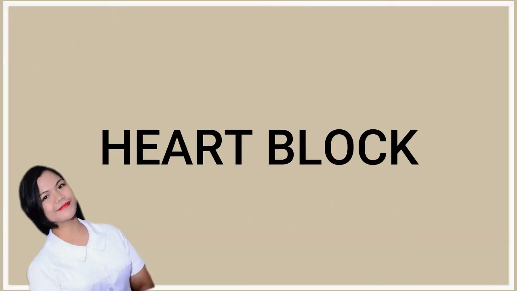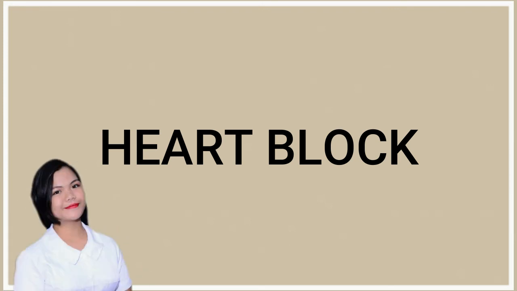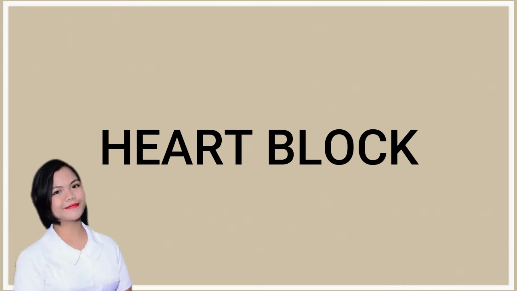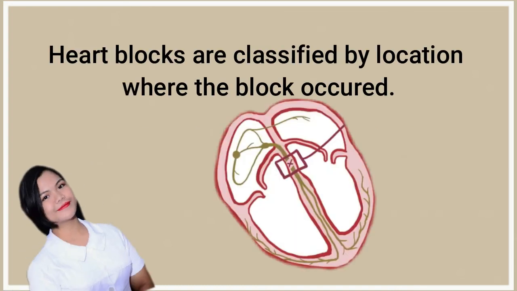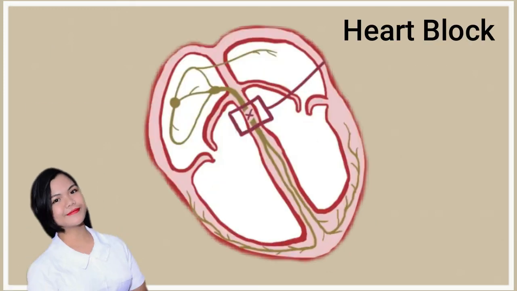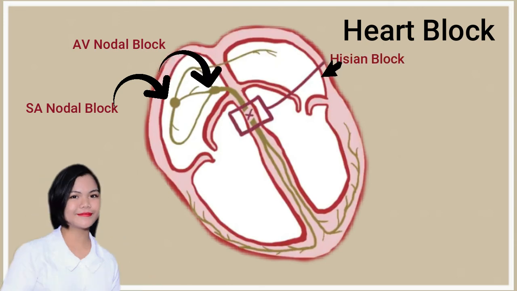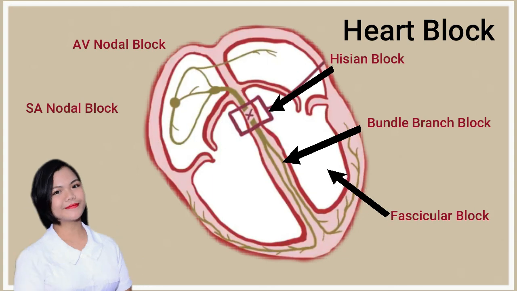Heart block is a group of diseases characterized by the presence of an obstruction or a block in the heart's electrical pathway. A block may slow down the conduction of the impulses or, in more severe cases, completely stop them. Heart blocks are classified by the location where the block occurred. Accordingly, there are SA nodal block, AV nodal block, intrahisian block, bundle branch block, and fascicular block.